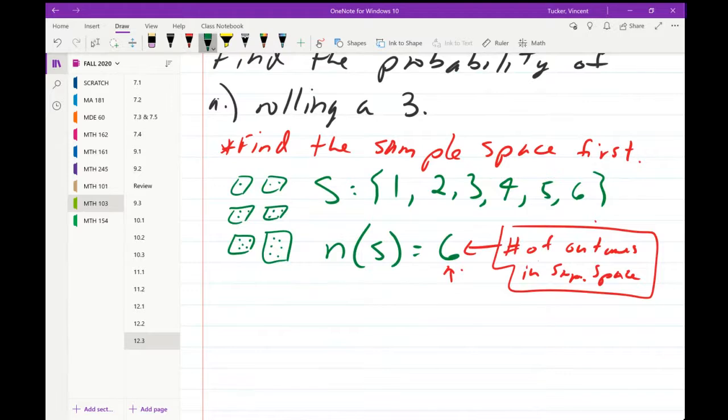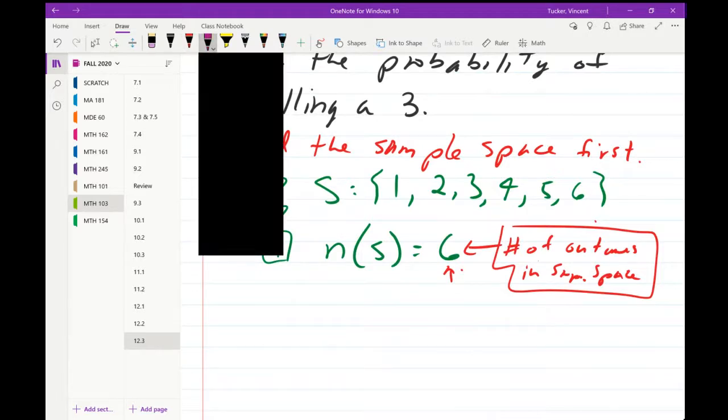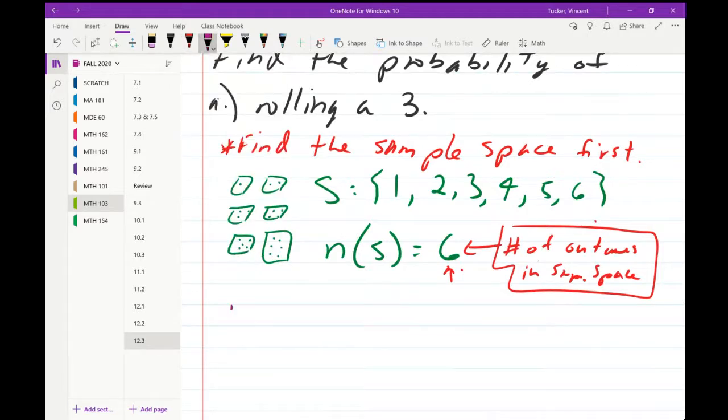So now we explore the number of outcomes in our event. The event is rolling a 3. So the number of outcomes in the event is just 1.